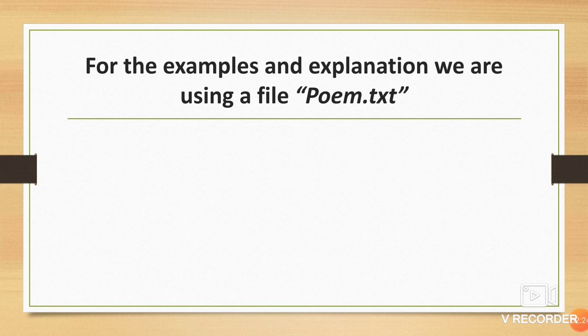For the examples and explanation we are using the file poem.txt. So this file has the extension .txt. .txt means what? It's a notepad file. A notepad file has the extension .txt.